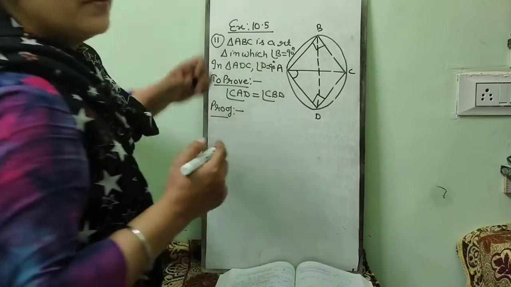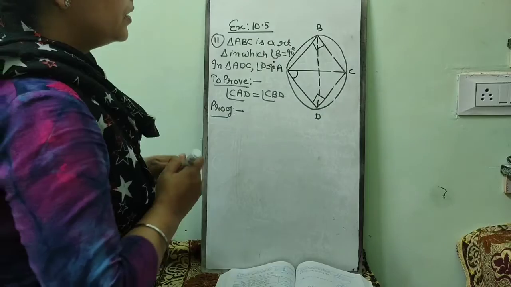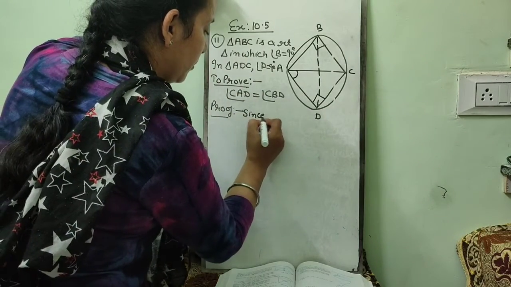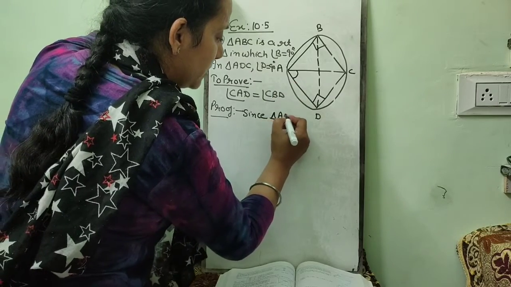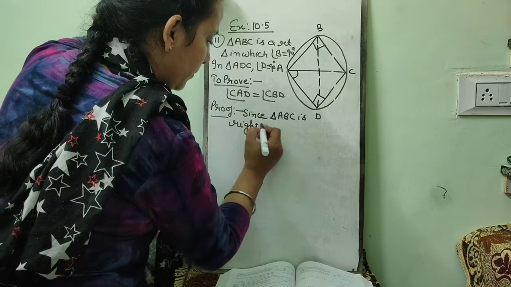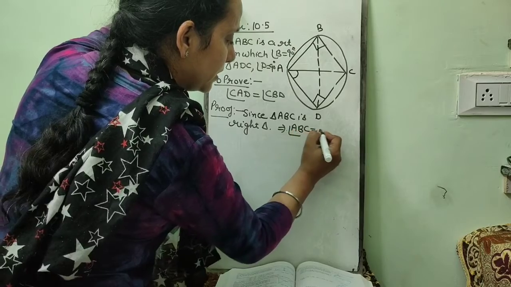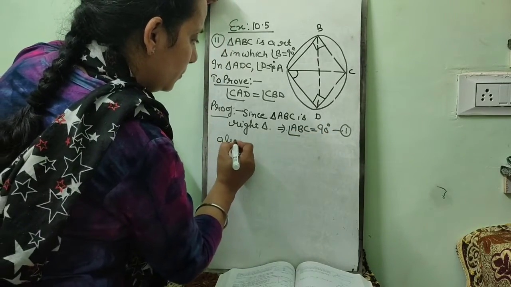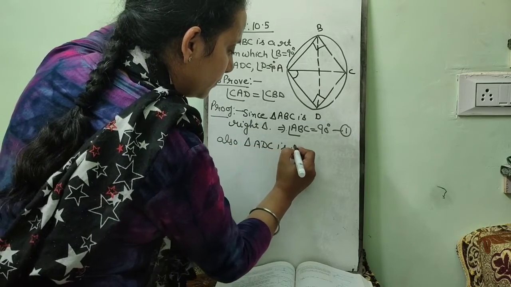Firstly, we will prove that this is a cyclic quadrilateral. Clear? Since triangle ABC is a right triangle, it means angle ABC is 90 degrees. Also, triangle ADC is a right triangle.